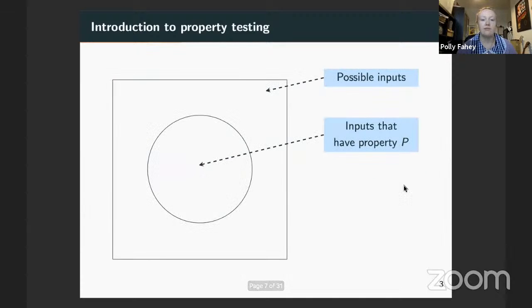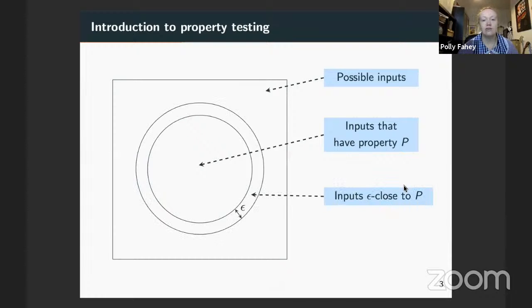Okay, so let's say we have some set of possible inputs, and then we have a property on these inputs. Now, normally you want to try and decide exactly whether a given input has the property or not. In property testing, we relax this slightly, and we define a distance measure from the inputs to the property. And so in property testing, rather than trying to decide exactly whether an input has the property or not, we aim to decide with high probability correctly whether the input has the property or if it's far away from having the property.